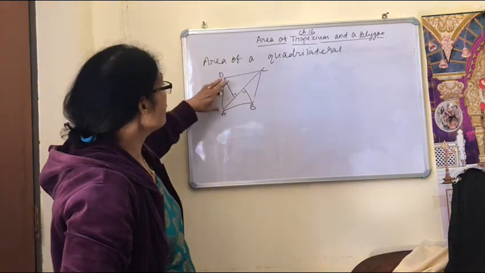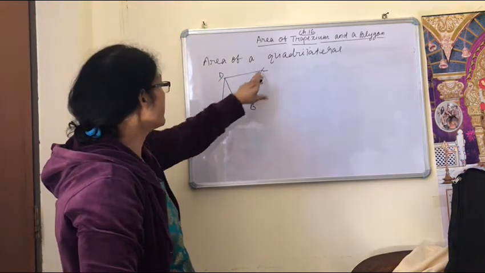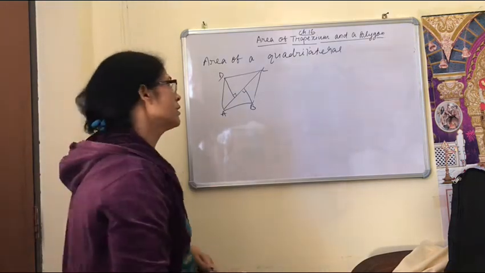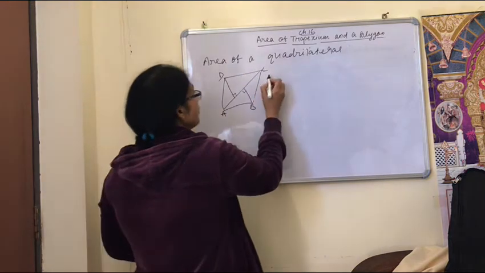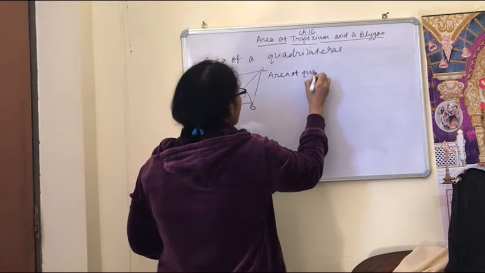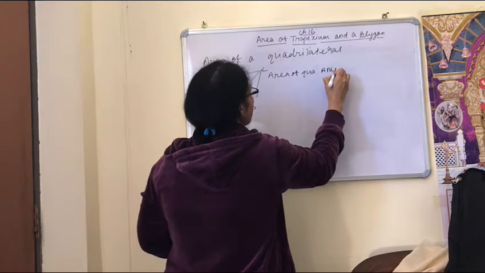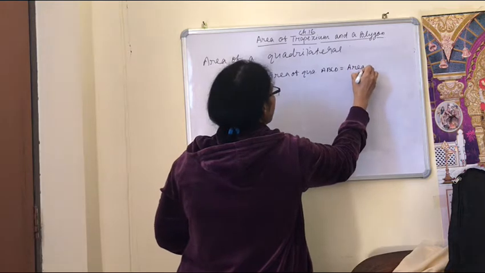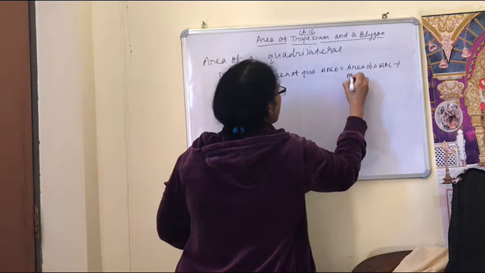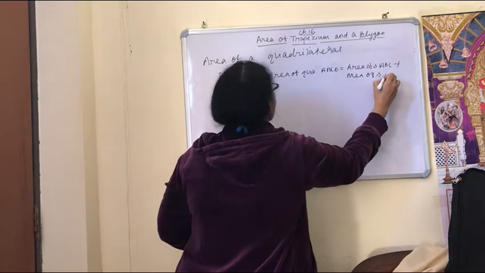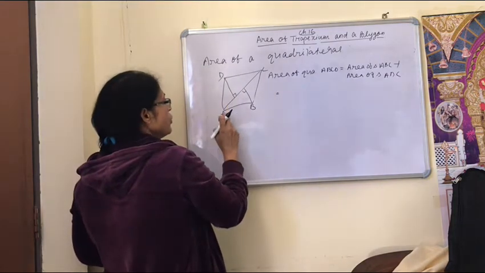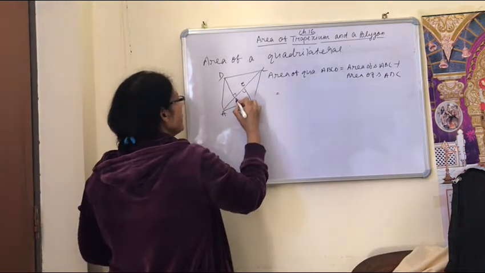Similarly, if you find out the area of ACD and area of ABC, then you get the area of the quadrilateral. Area of quadrilateral ABCD is equal to area of triangle ABC plus area of triangle ADC. Let it be E, let it be F.